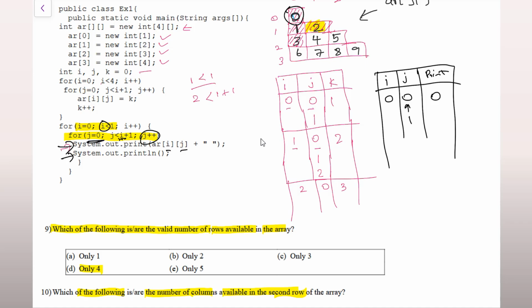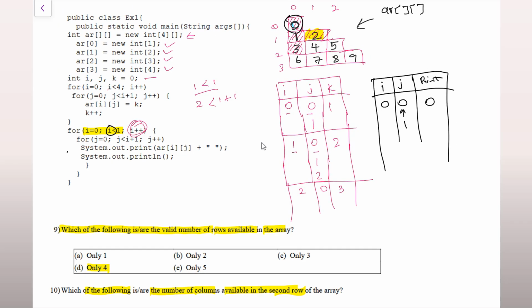Now 1 less than 1 is false, because of that it will not go inside. So at that point this inner for loop is done. I'll just delete them. Now it will go to this place.